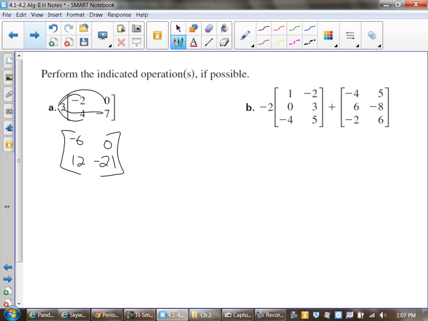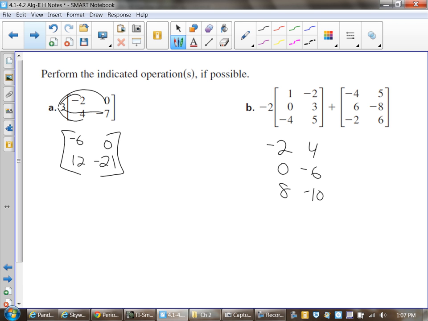In that second problem here, again, we're doing nothing more than setting up an order of ops problem. And in this case, the order of operations is telling me that I have to do what first? Multiply that first matrix by -2. And one of the things I'll suggest if you're doing these types of problems out of your book, don't write the whole thing out. It's a lot of writing, a lot of numbers. Just do the first operation and write it out as -2, 4, 0, -6, 8, -10.